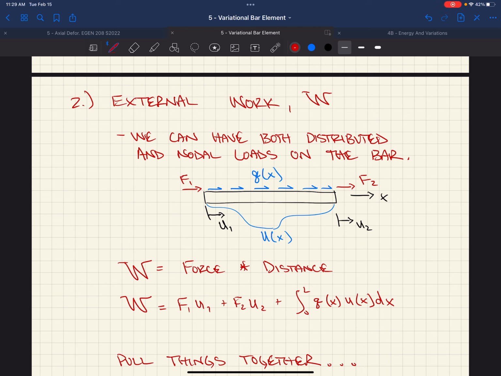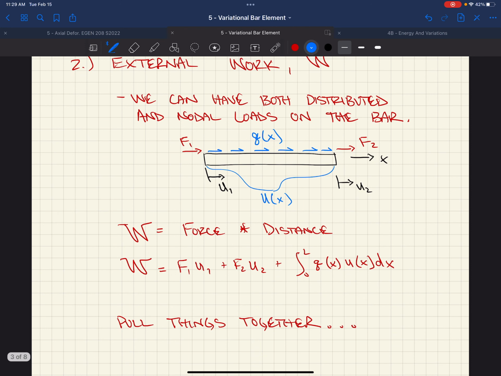Essentially, taking force times distance, where the force is the distributed load at any given point along this bar element, and you match that to the displacement that the bar element undergoes at each of those locations. So we have F1, U1.